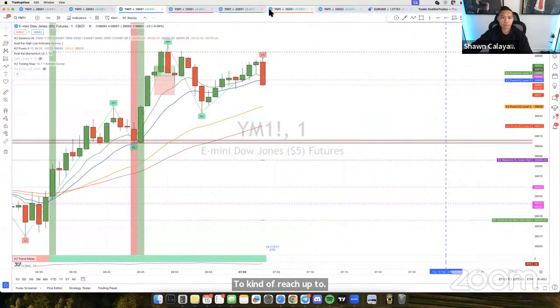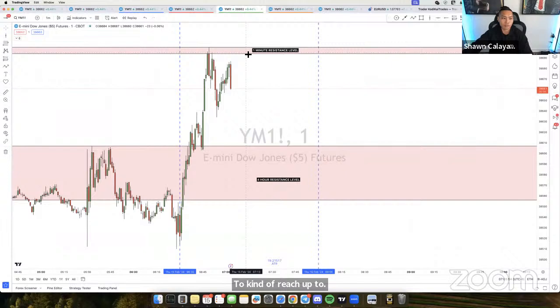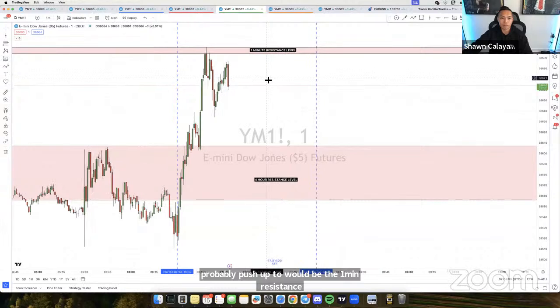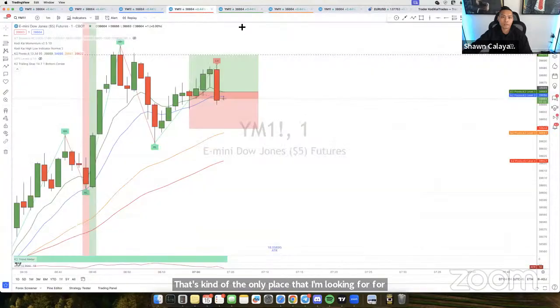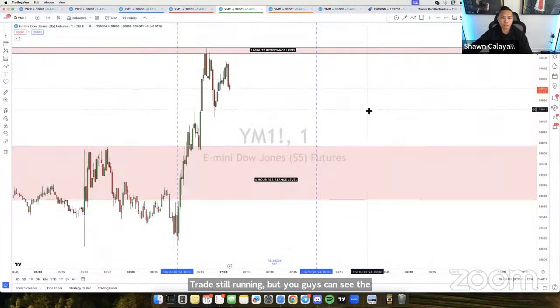The only target I can see where price can probably push up to would be the 1 minute resistance level right here. That's the only place I'm looking for price to climb up if it does climb higher. Trade's still running, but you guys can see the volatility is very low, and there's not really too much going on here.